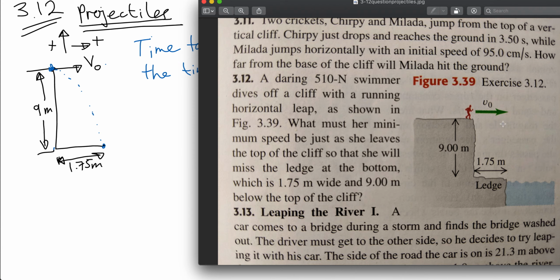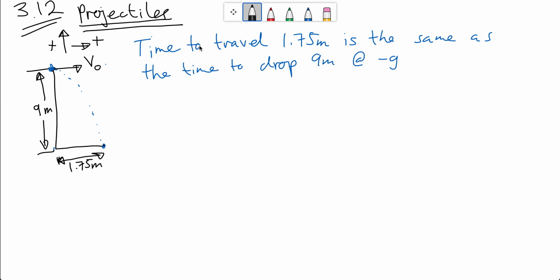This is the key concept: the time to travel 1.75 meters is the same as the time to drop 9 meters at minus g. So let's look at the horizontal situation. The distance traveled in the x direction, sx, has to equal the velocity in the x direction multiplied by the time of flight.